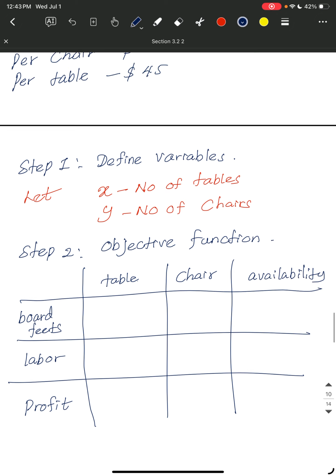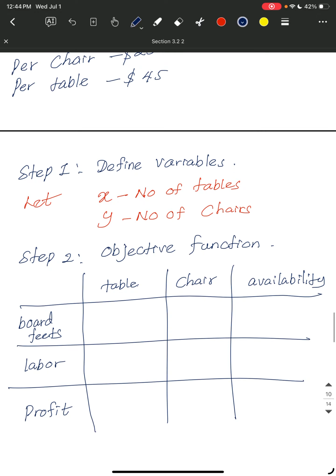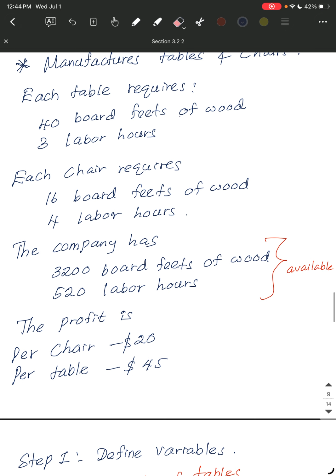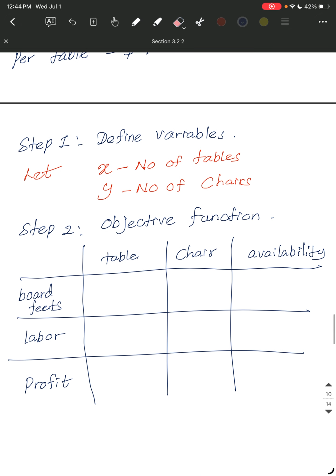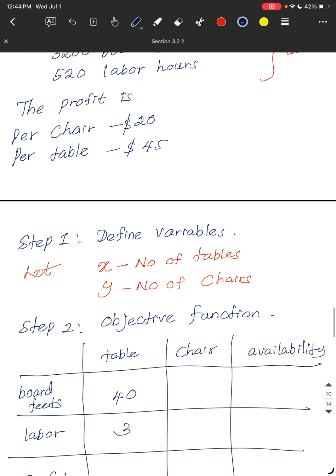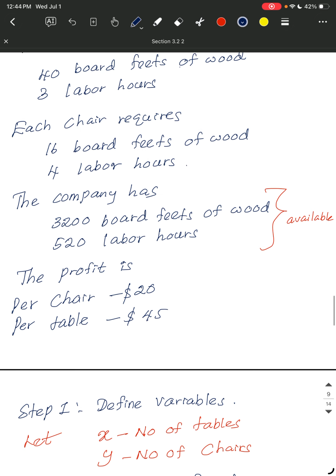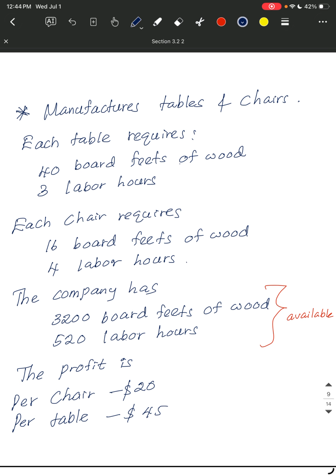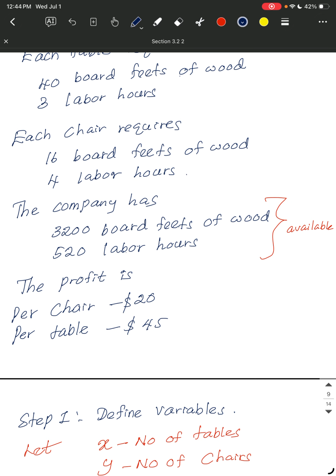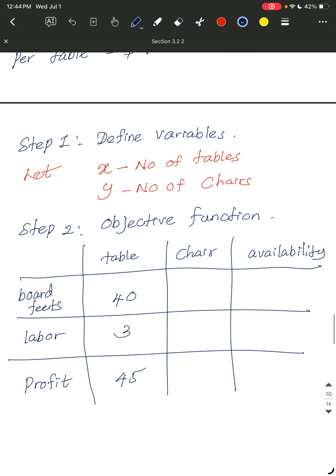Right? For each table, we need 40 board feet of wood and 3 labor hours, and the profit from table, $45. For chair, 16 board feet, 4 labor hours, profit 20.